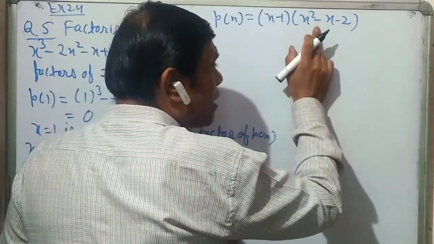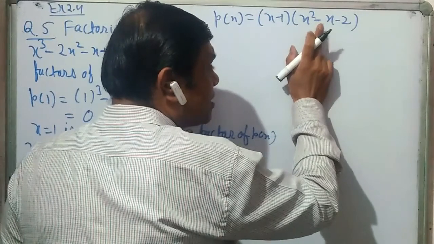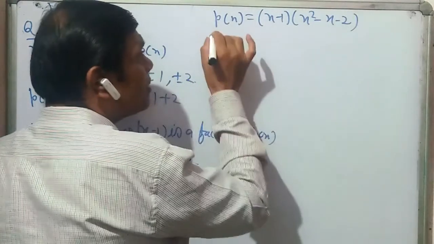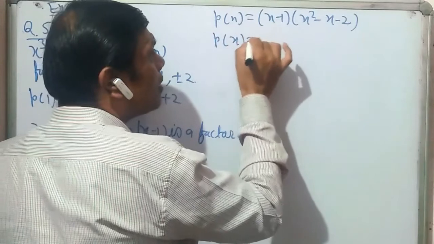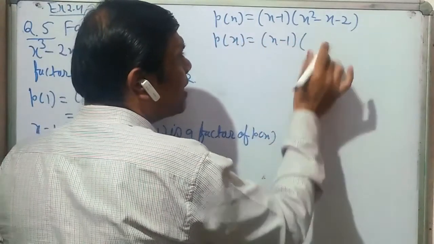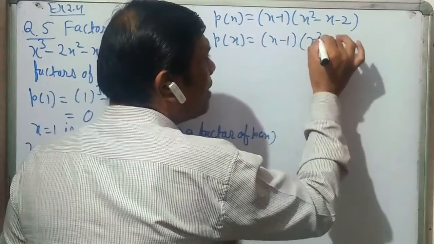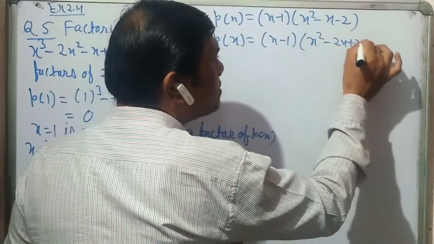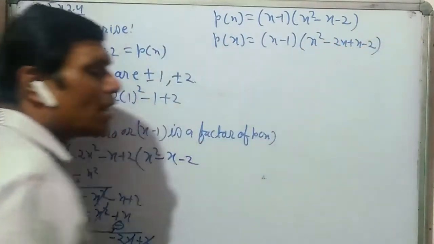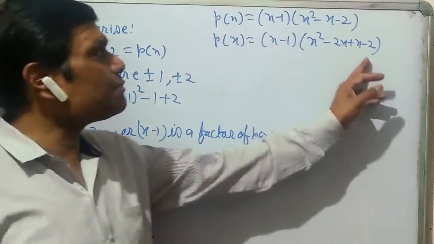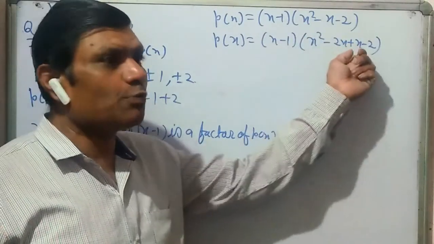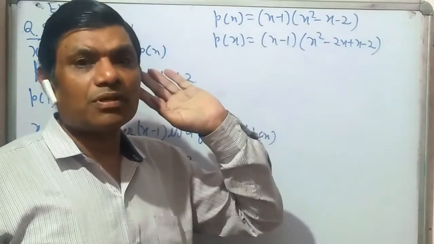The sum required is minus 1. So we can say this one is 2 and minus 1. So this should be x minus 1 multiplied with x square minus 2x plus x minus 2. Minus 2x plus x is minus x. Minus 2 into plus 1 is minus 2.